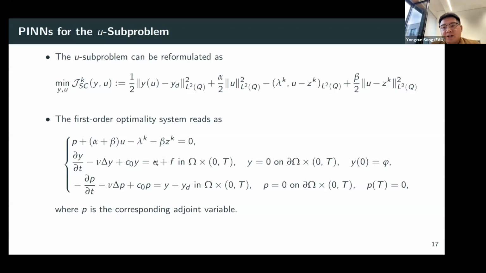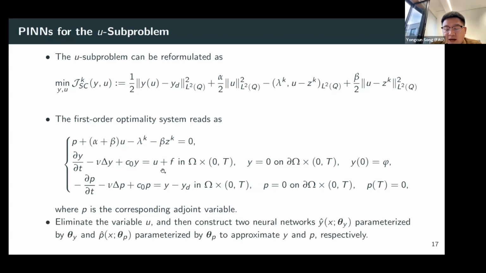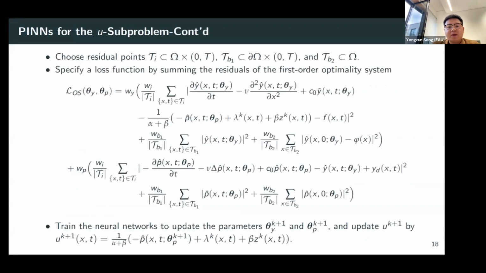We can eliminate u and obtain a reduced optimality system in terms of only y and p. Then we construct two neural networks, y hat and p hat, to approximate the state variable y and the adjoint variable p.